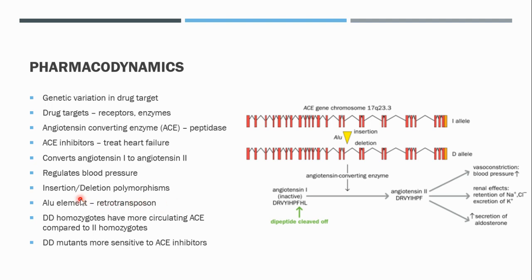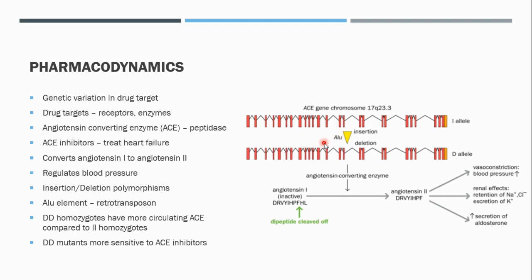What has been found is that there is an insertion-deletion polymorphism in the ACE gene. The ALU element is a retrotransposon, and this retrotransposon is what can be called a jumping gene or a transposable element that can be inserted into the ACE gene.